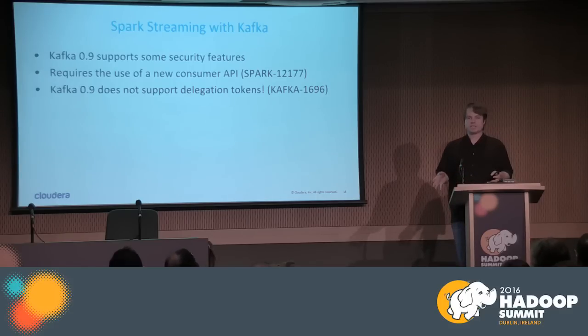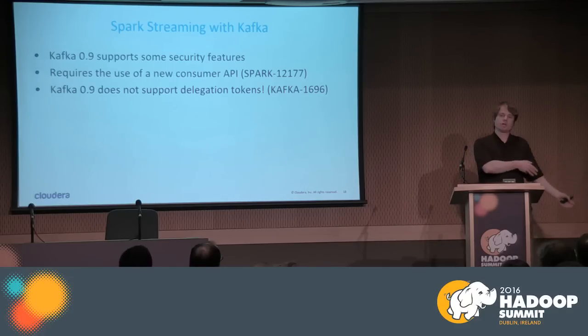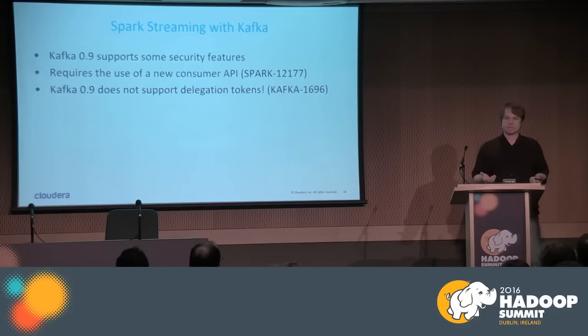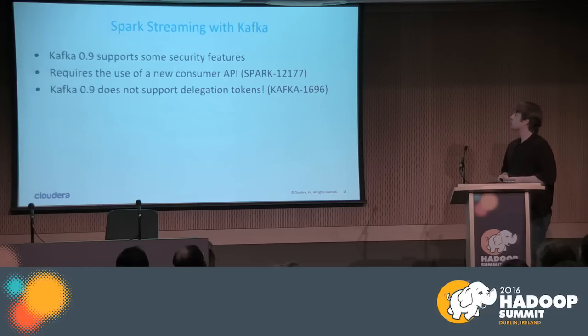But the really scalable solution using Kafka requires many executors to talk to Kafka brokers. And in that case, you go back to that problem of many people trying to log into the KDC and you being locked out. And until Kafka supports delegation tokens, we cannot scalably support Kafka in Spark.